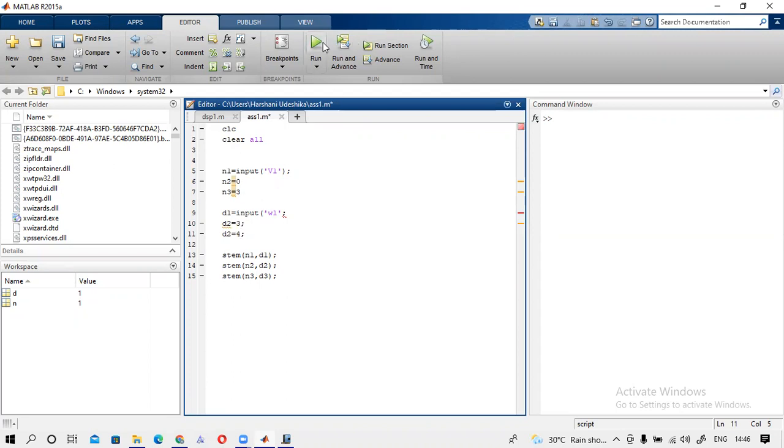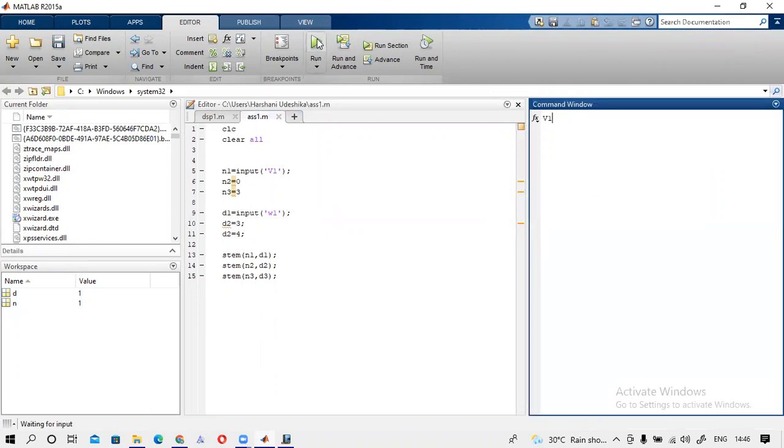So if I run this, here we need to put the bracket. We have to give the v1 variable. What is the v1 variable? It is -2, so we can put -2. Then we have to give the w1 variable. As I can remember, it is 5.